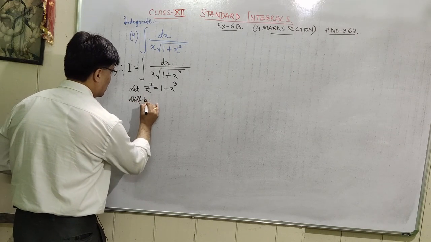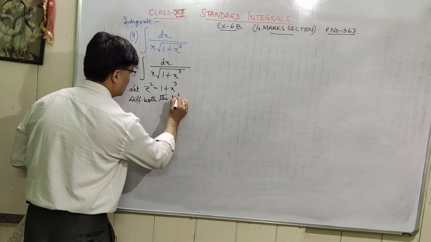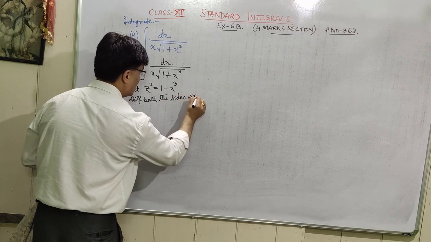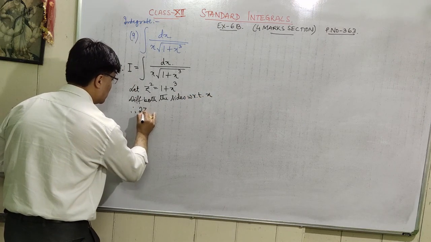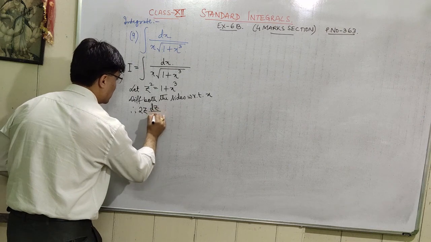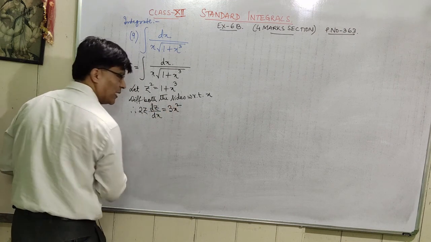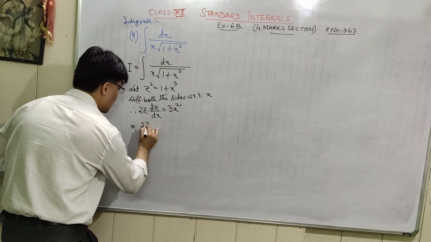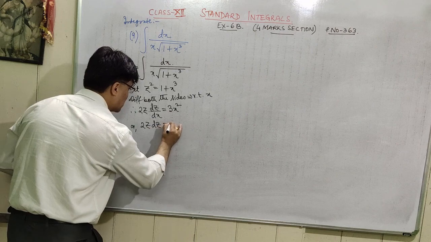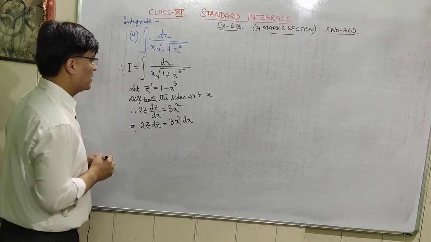Differentiating both the sides with respect to x, it is 2z into dz by dx is equal to 3x square. Is that clear? Now cross multiply it. So it is 2z dz is equal to 3x square dx.